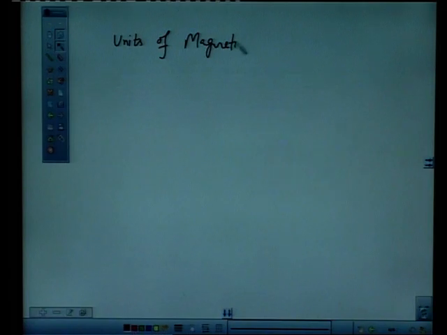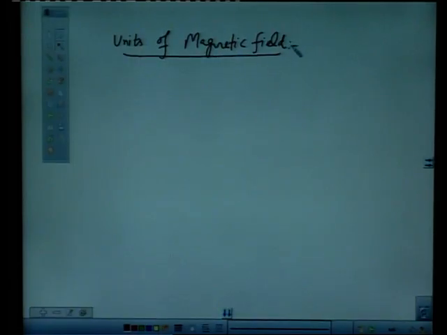Now, next we come to the units of magnetic field. There are two units of magnetic field.